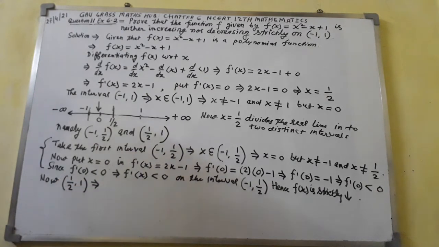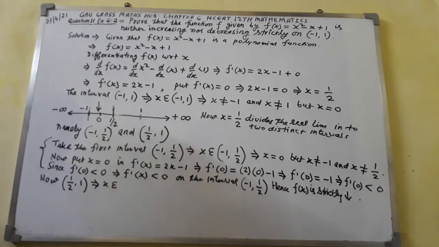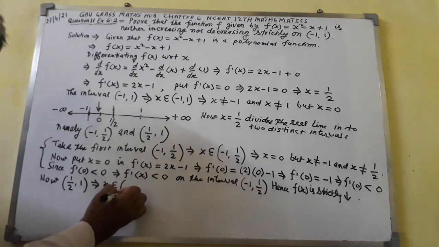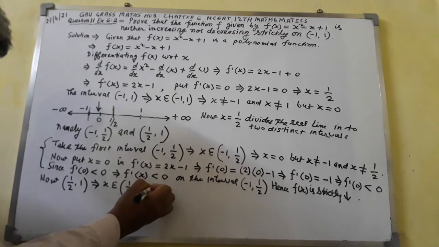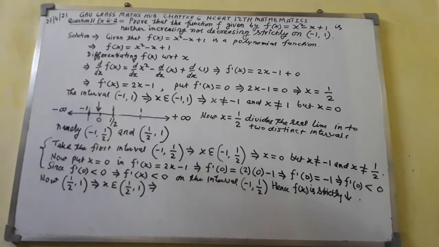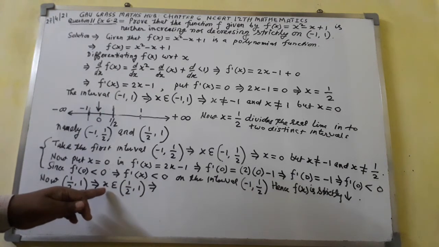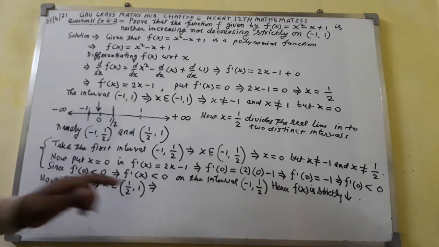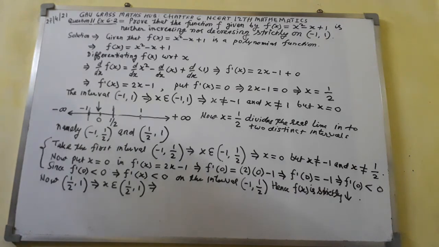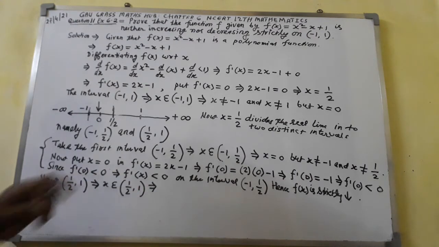This implies that x belongs to the open interval 1 over 2 comma 1. The value of x I shall take as one point between 1 over 2 and 1.